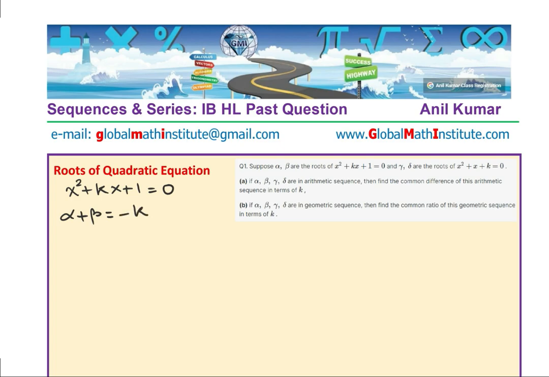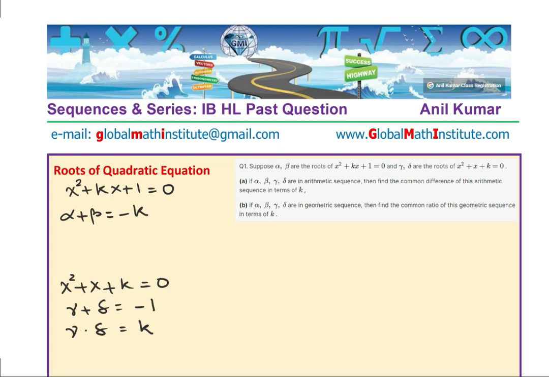The other equation is given to us as x squared plus x plus k equals 0, and the sum of roots gamma plus delta will be equal to minus 1. The product of gamma and delta is equal to the constant k.